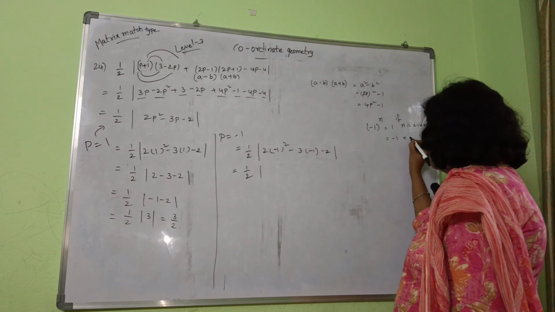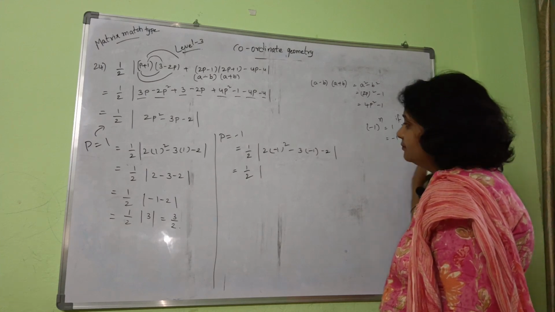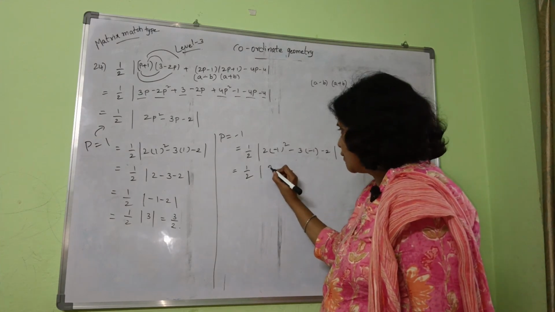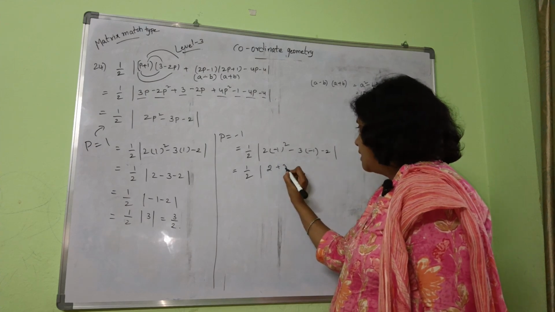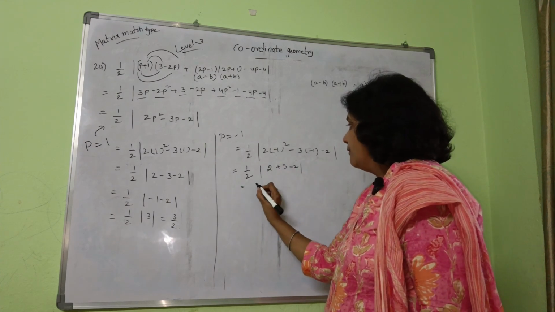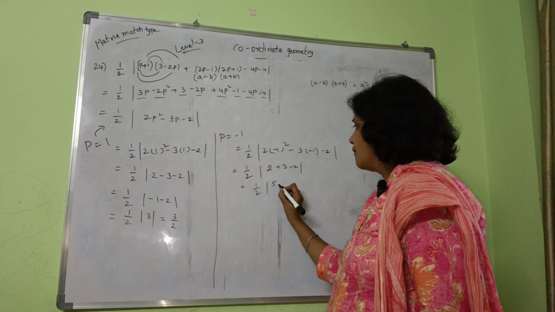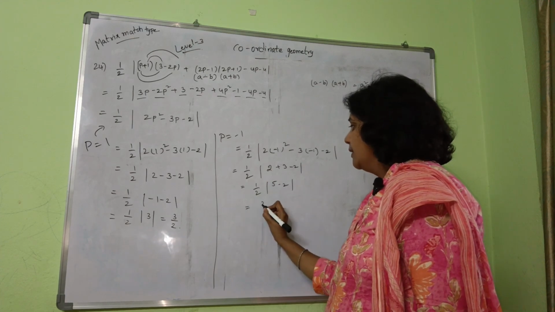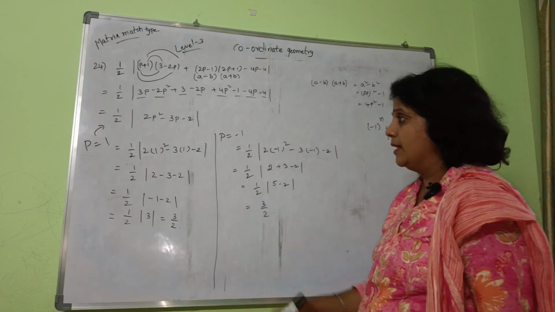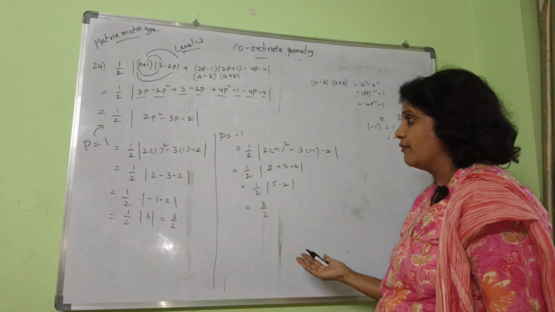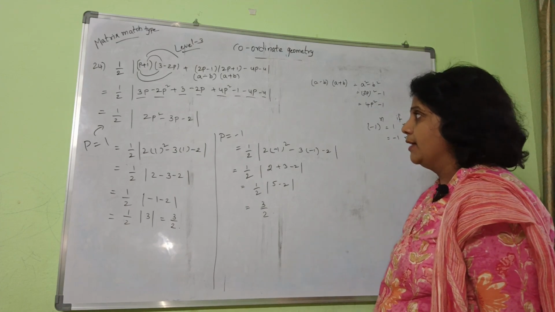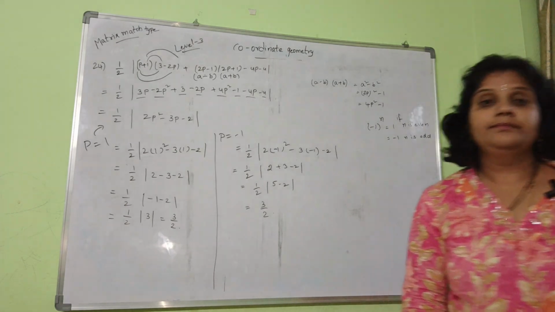If n is odd, it is minus. So 2 into minus 1 whole square is 2. Minus into minus is plus, minus 2. That is 1 by 2 into 2 plus 3, that is 5, 5 minus 2 is 3. That is 3 by 2. So for p is equal to 1 and p is equal to minus 1, we got 3 by 2 and 3 by 2. Okay, understood?